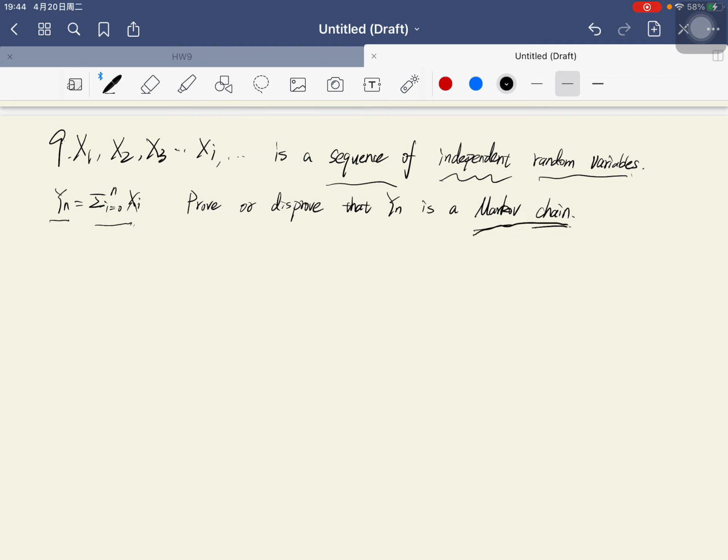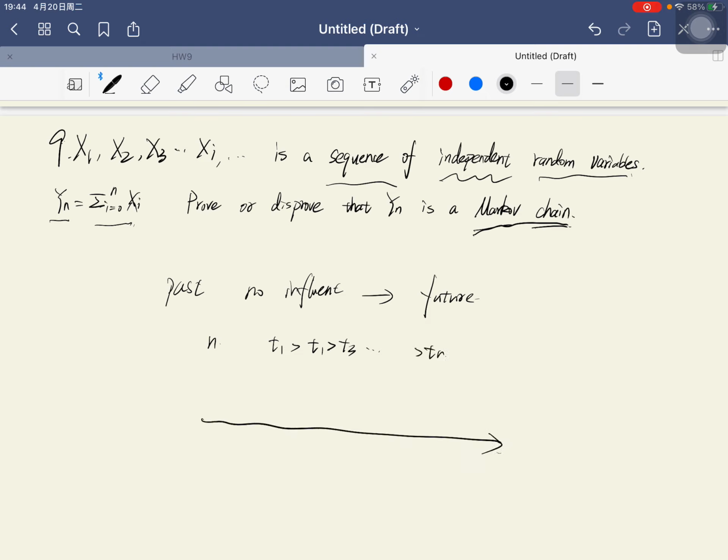For a Markov process, we know that the past has no influence on the future. For example, for t1 bigger than t2, bigger than t3, and so on, bigger than tn, we could set t2 as the null condition and t1 as the future condition.